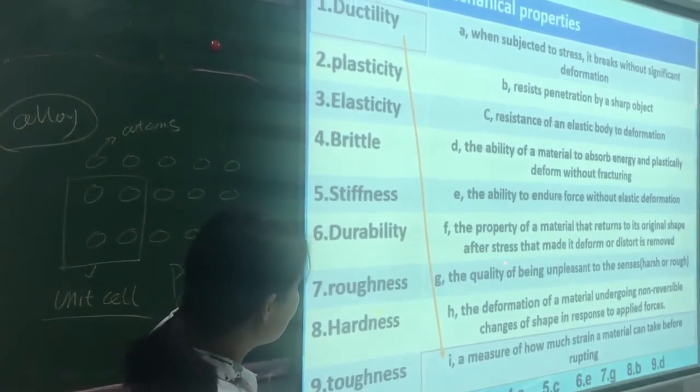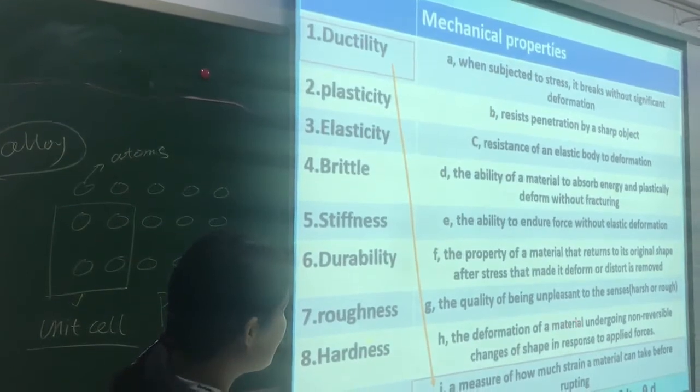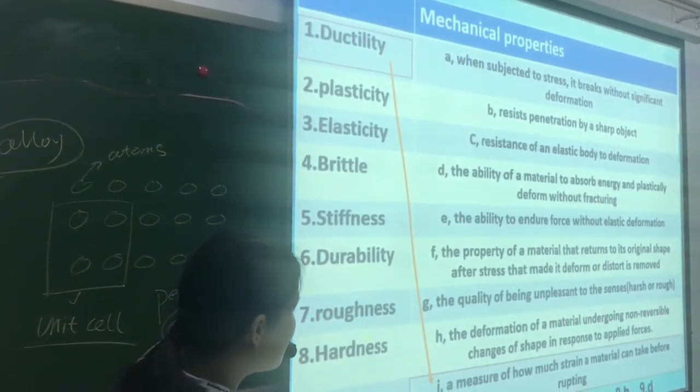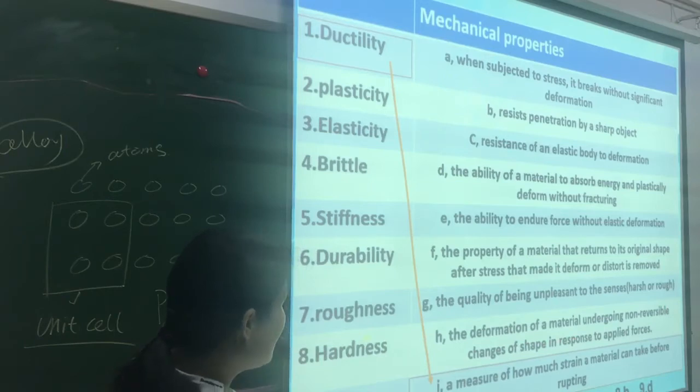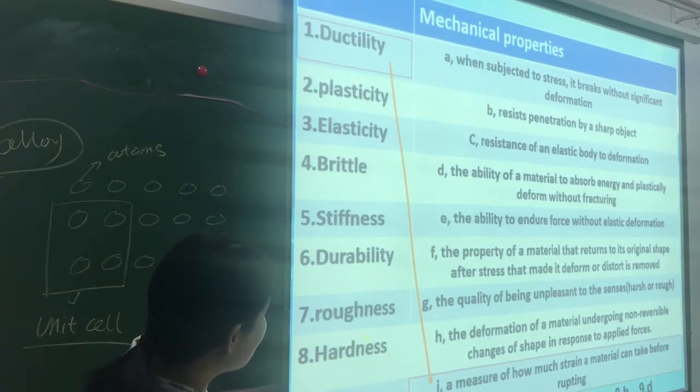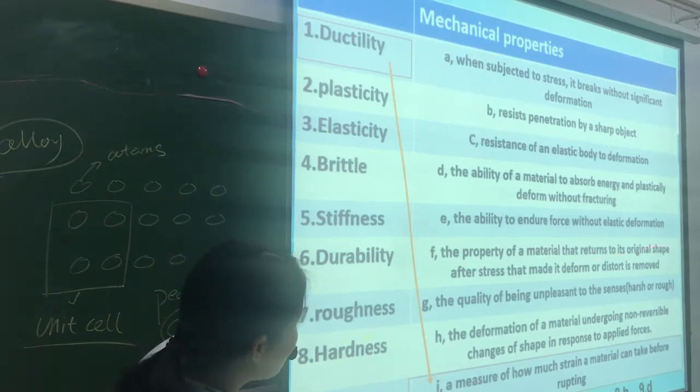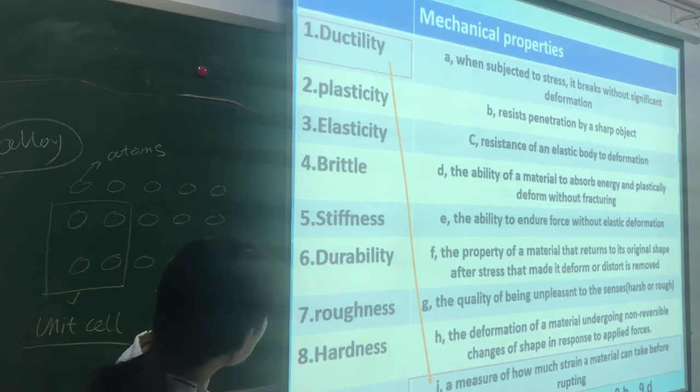Plasticity is the deformation of a material undergoing non-reversible change of shape in response to applied force. Elasticity is the property of a material that returns to its original shape after the stress that made it deform or distort is removed. Brittleness is when, subject to stress, it breaks without significant deformation.